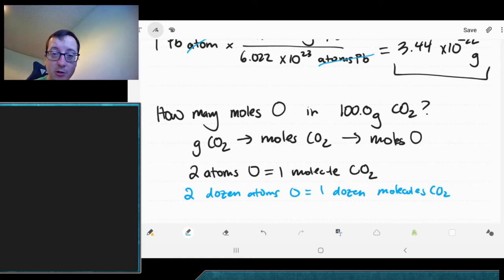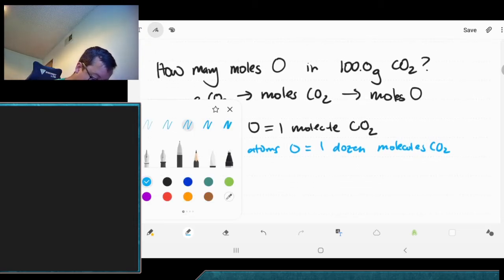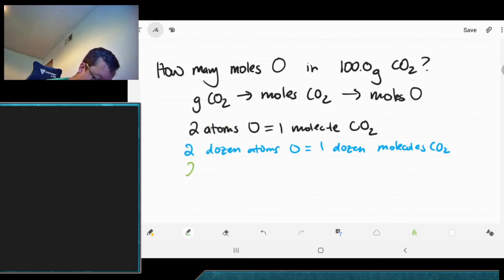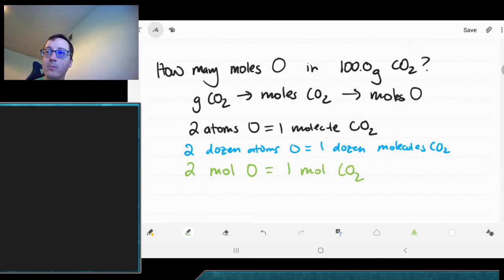Every CO2 has 2 oxygens. So if I have 12 CO2s, I'm going to have 24 oxygens. So it's completely reasonable to say the same thing with moles. I can say this equality too. For every mole of carbon dioxide I have 2 moles of oxygen atoms.